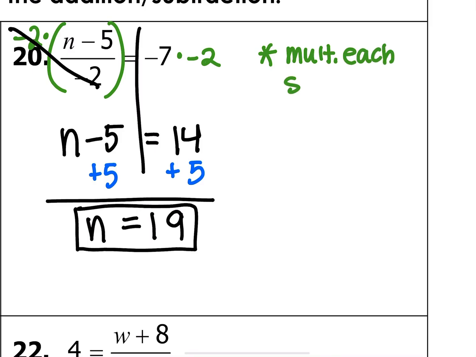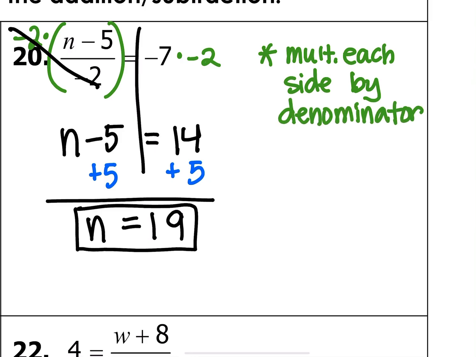So multiply each side by the denominator, which was negative 2, right?